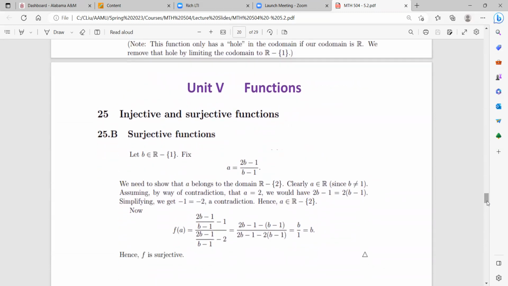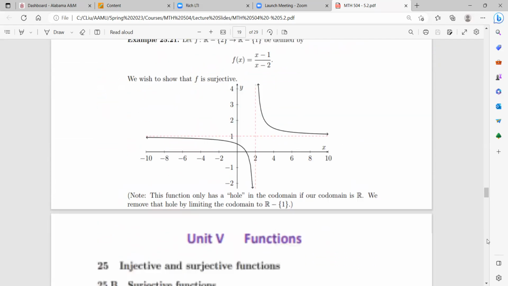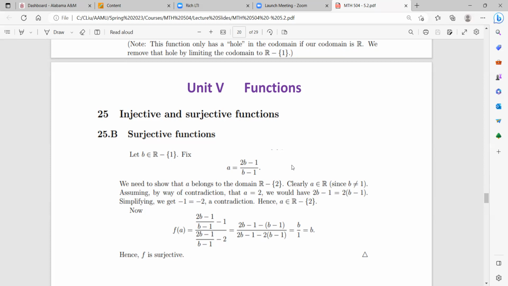Once again, you just pick any value b from the codomain, which is R minus {1}, and you let a equal (2b minus 1) over (b minus 1), and you should be able to show that f of a equals b, and that's pretty straightforward.